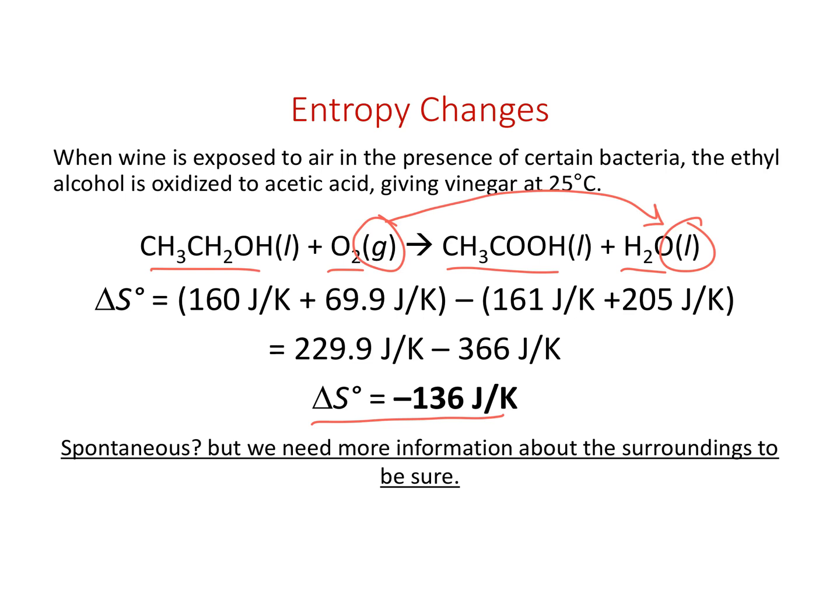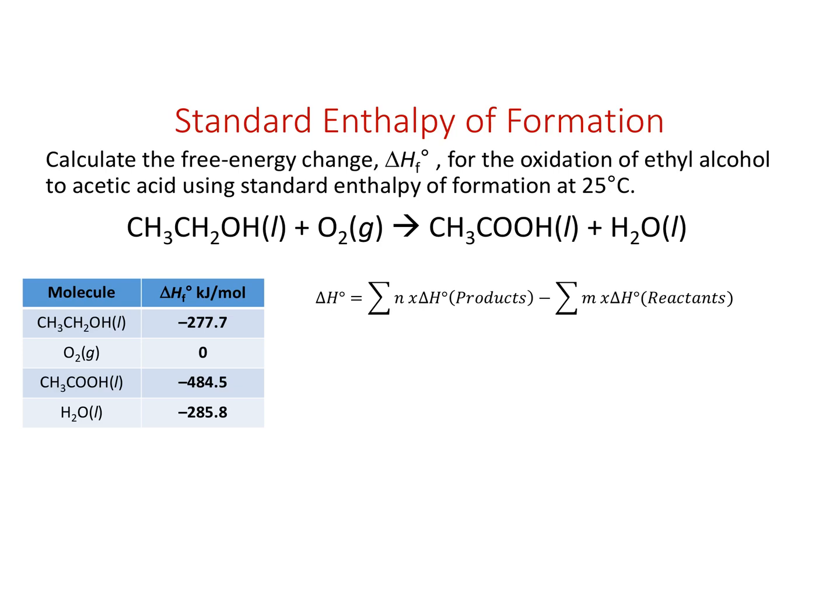So now let's take a look at how to calculate the enthalpy of this reaction and then put both the enthalpy and the entropy together to determine the Gibbs free energy and is this reaction spontaneous or not. We can calculate the enthalpy of the reaction the same way we can calculate the entropy of the reaction. We simply want to know the change in enthalpy of the reaction.